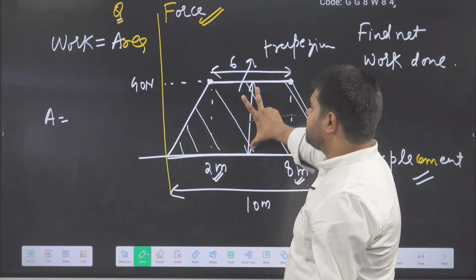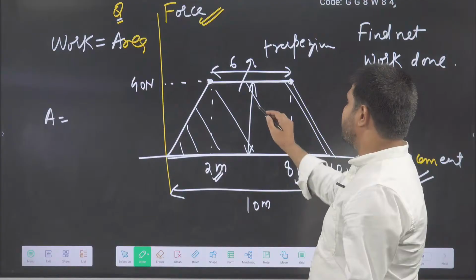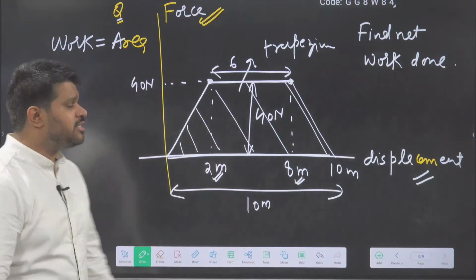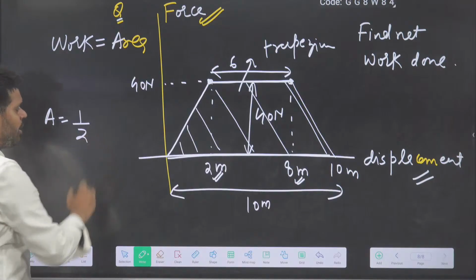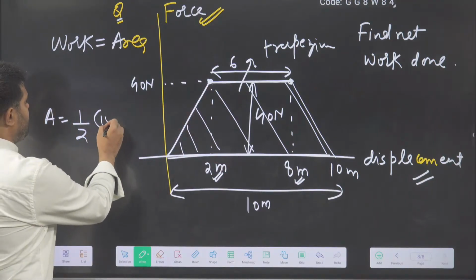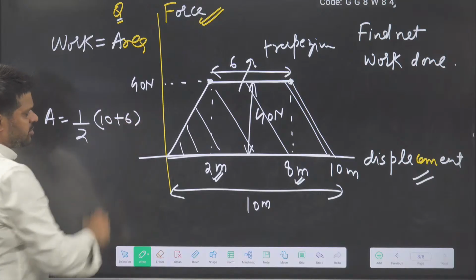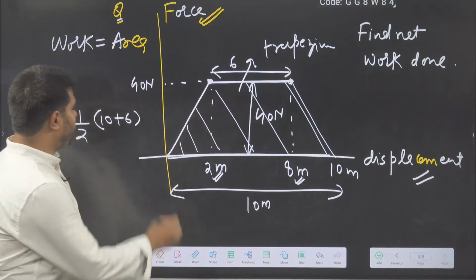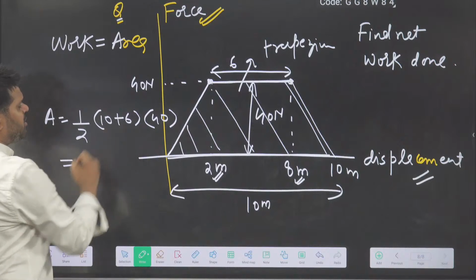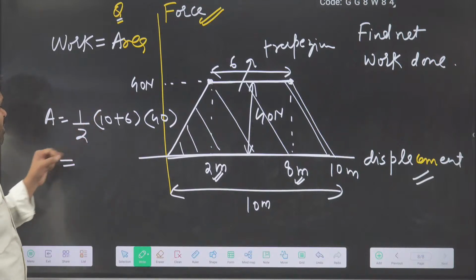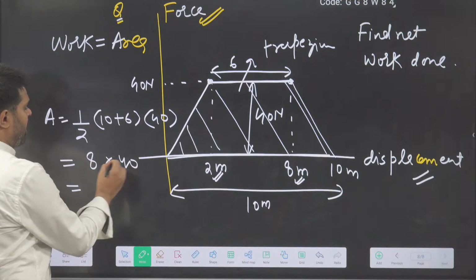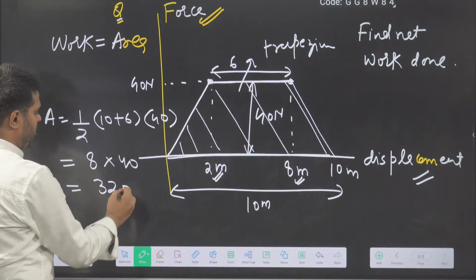This length is 40 Newton. So the formula is half the sum of parallel sides: 10 plus 6, into the distance between parallel sides, 40. 10 plus 6 is 16, 16 by 2 is 8, and 8 into 40 is 320.